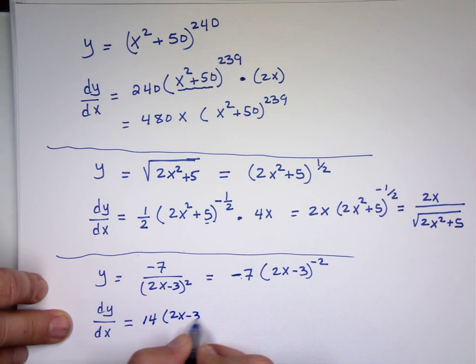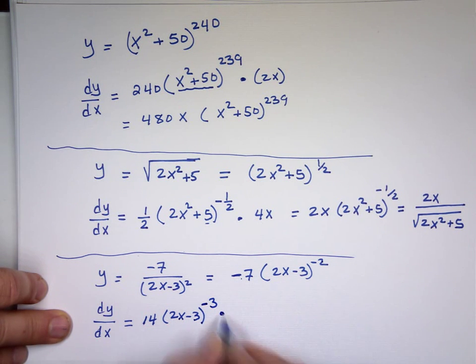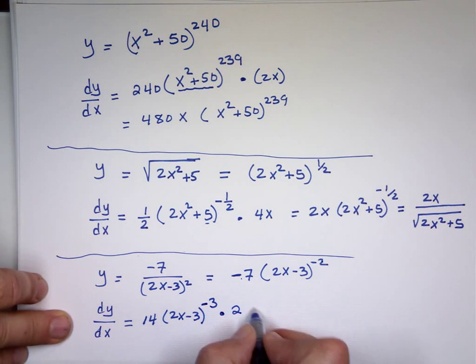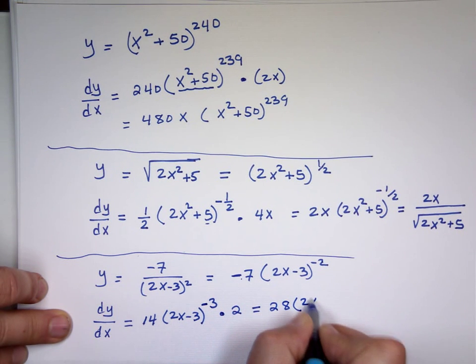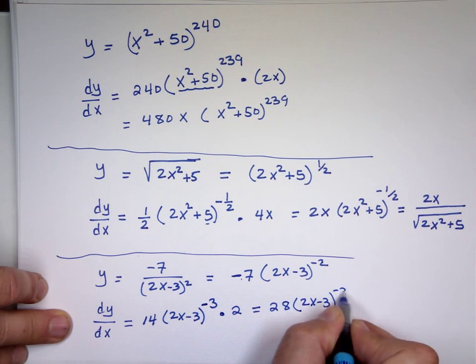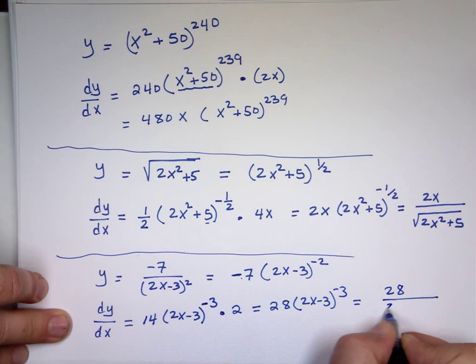That doesn't change, to what power? Negative 3. Negative 3 times the derivative of what's on the inside, 2x minus 3, which is 2. 2 times 14 is what? 28. 28 times 2x minus 3 to the negative 3, which you can write as 28 over 2x minus 3 to the third power.